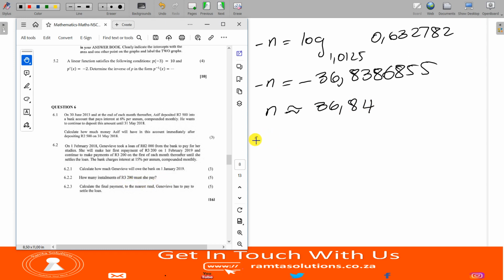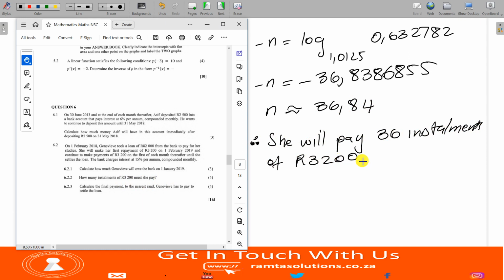Therefore, when we conclude this question, we will say she will pay 36 installments of 3,200. This value implies that on the 37th month, the value that she must pay will be less than 3,200. Okay.